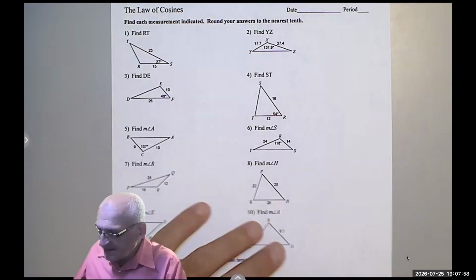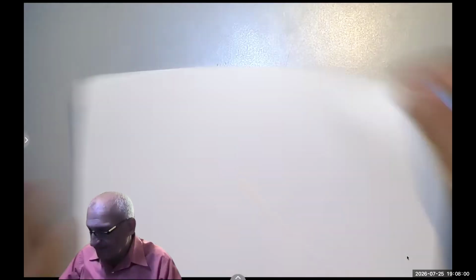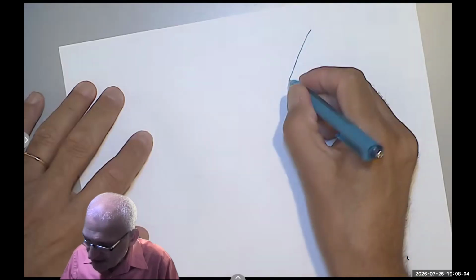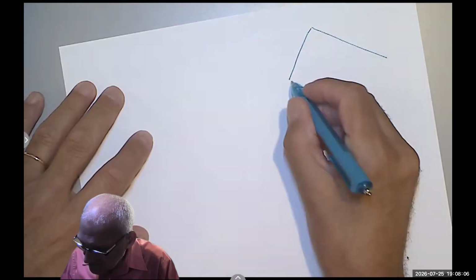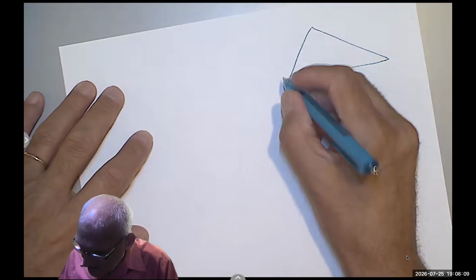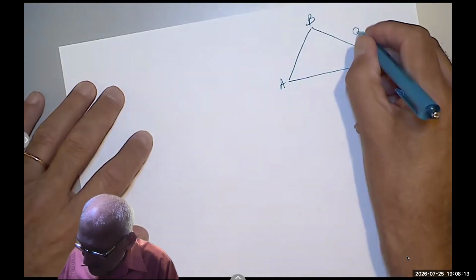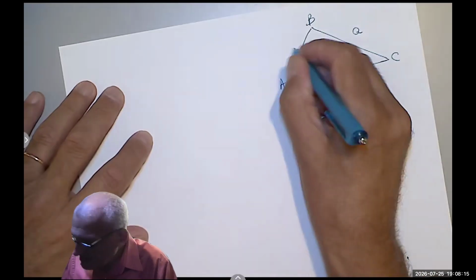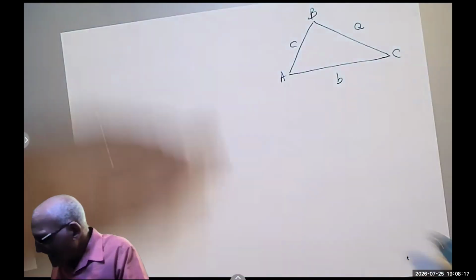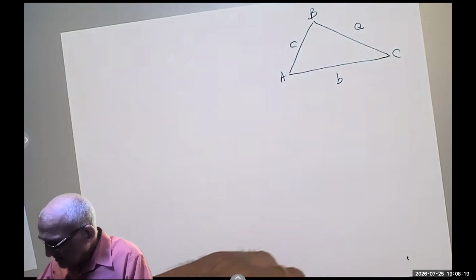So what does the law of cosines say? The law of cosines says that in any triangle, doesn't matter what it is, ABC, for example, so this is A, this is B, and this is C. For any of these sides, it doesn't matter which one you pick.